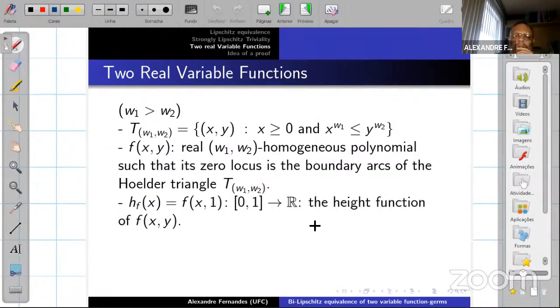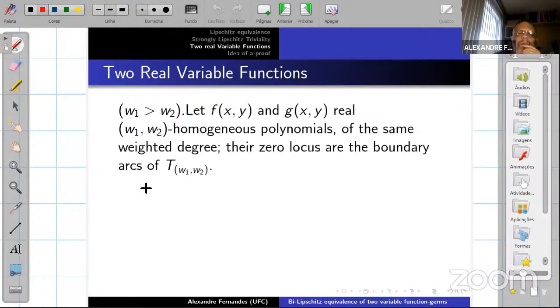This height function is the restriction of our function to the level y equal to 1. This is one global function defining the interval 0, 1. This is the interval. And you associate it to our initial weighted homogeneous function, consider this height function.